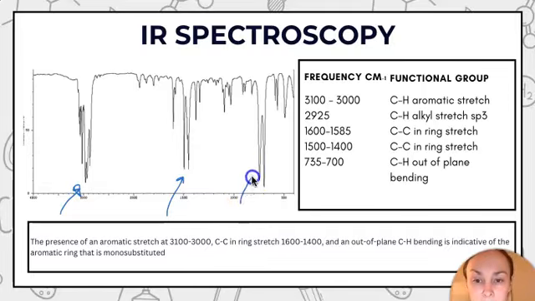And we also see a 735 carbon-hydrogen out-of-plane bending that represents the aromatic ring that is mono-substituted. So these 3 peaks can help us to build a proposed structure, but we do want to analyze other spectra in order to look at carbon and hydrogen environment.